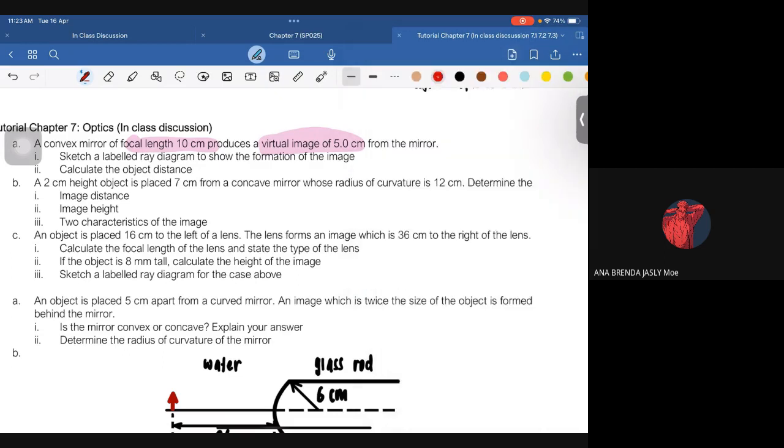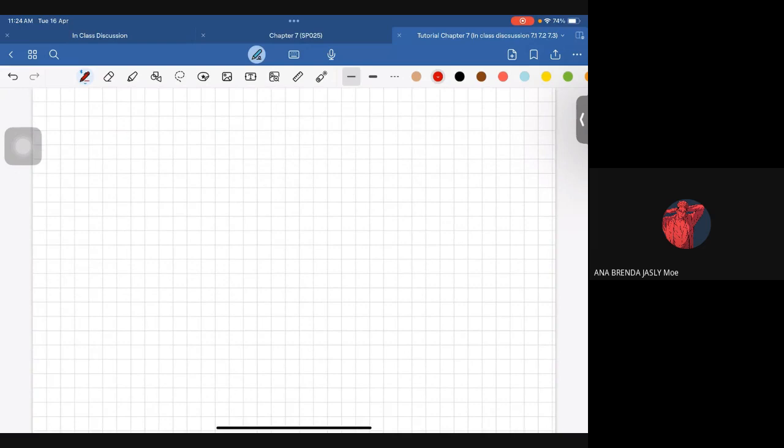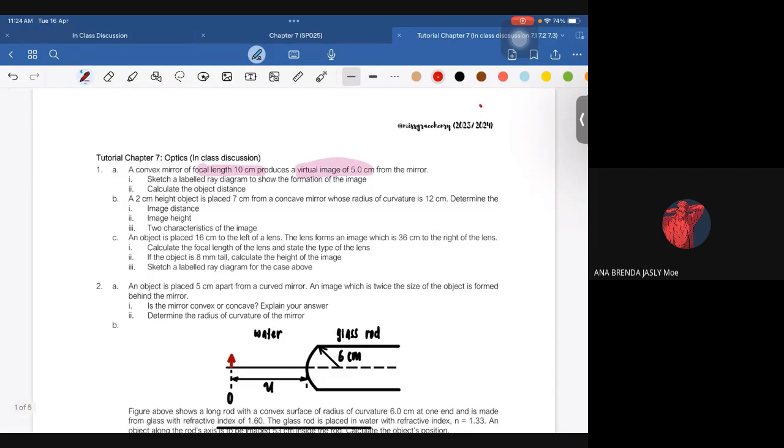As per usual, we only have one formula untuk mirror, which is 1 over f equal to 1 over u plus 1 over v. Given is the focal length, which is 10 centimeter. Tapi problem dia sekarang ni, 10 centimeter ni positif atau negatif?